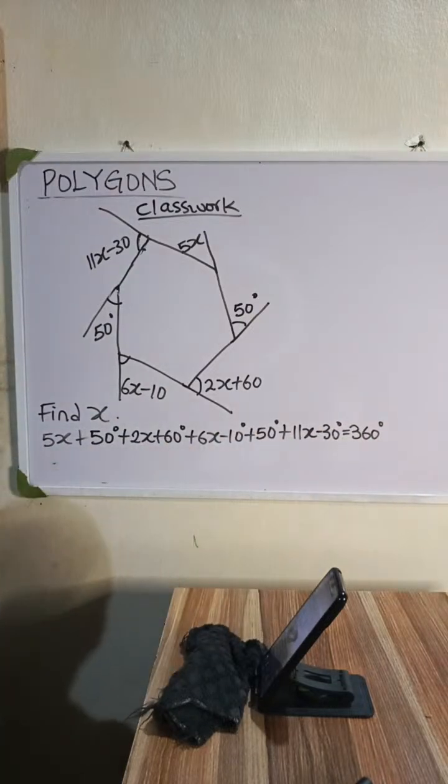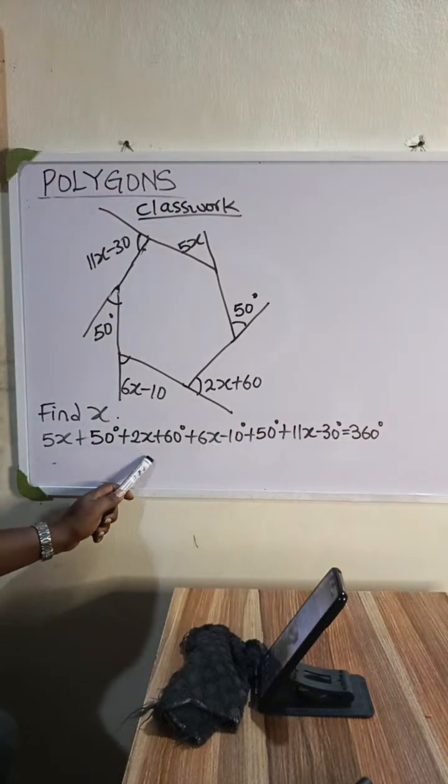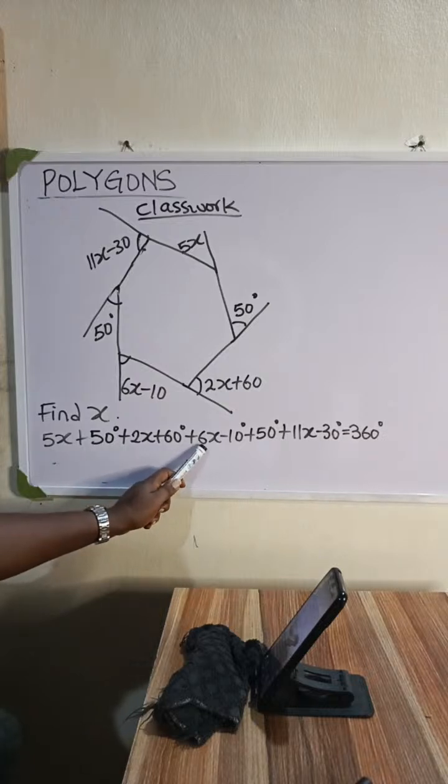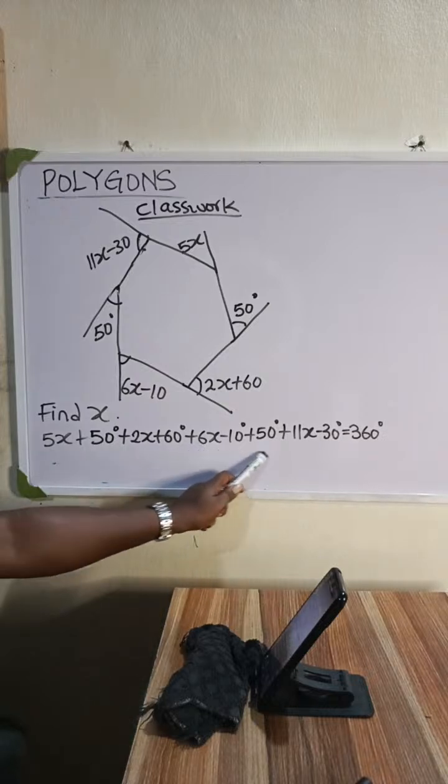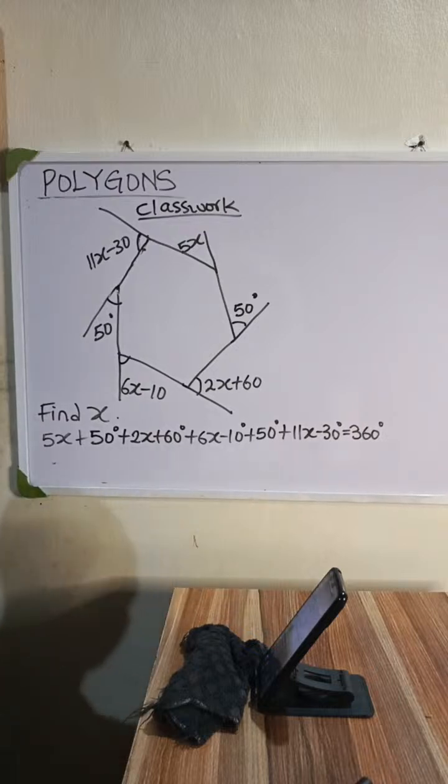Okay. So 5x plus 2x gives us 7x, plus 6x gives us 13x, plus 11x gives us 24x.